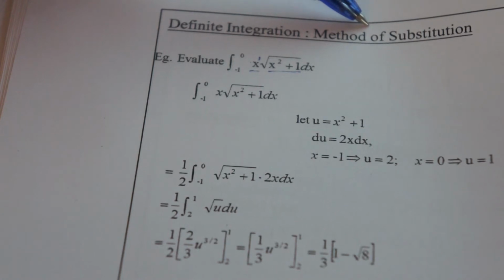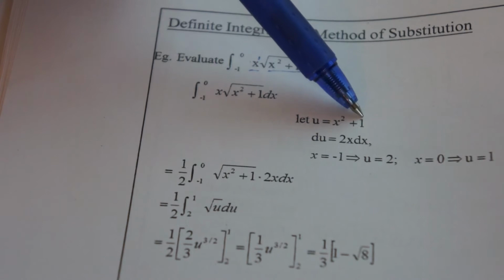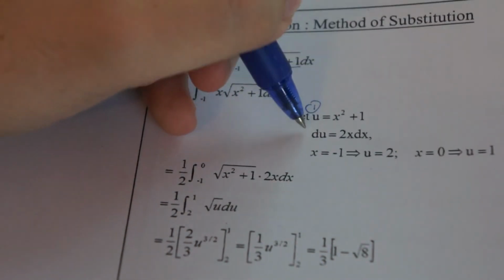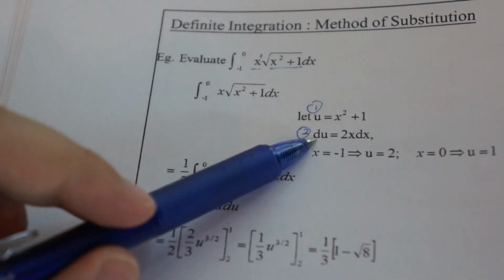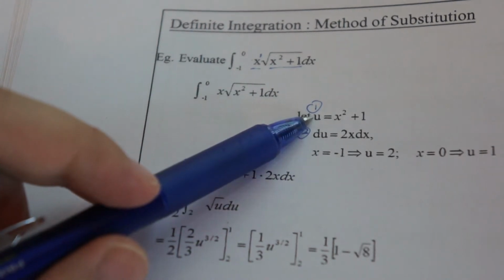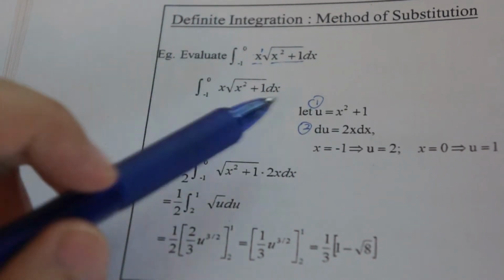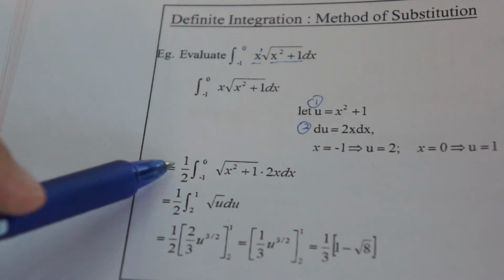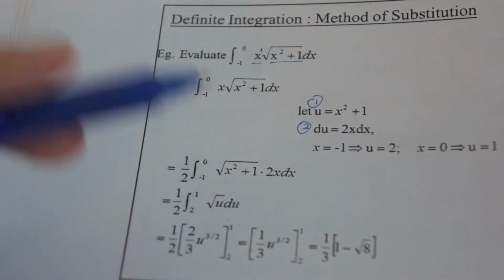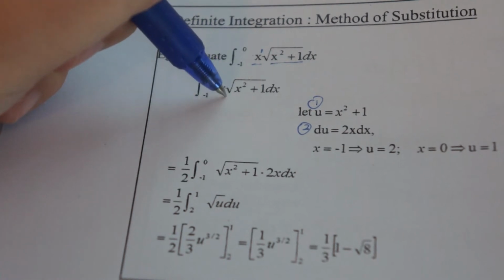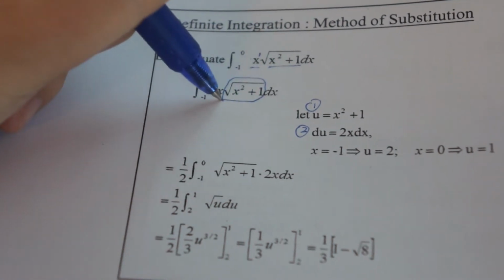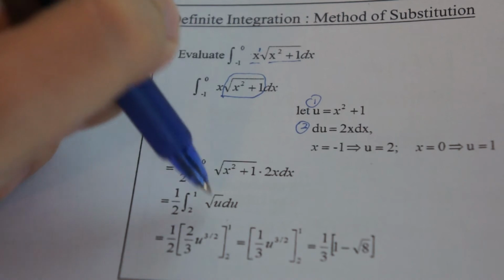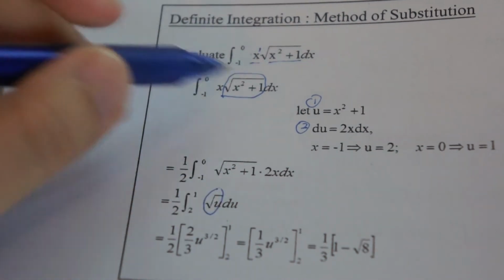If you do the method of substitution, just let u be x squared plus 1. This is step 1, and this is step 2: you have to differentiate u one time. In step 3, be careful that you have to do one more step, because the square root of x squared plus 1 is now replaced by u.